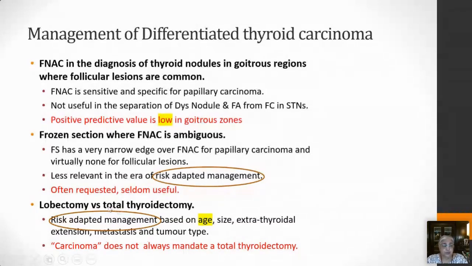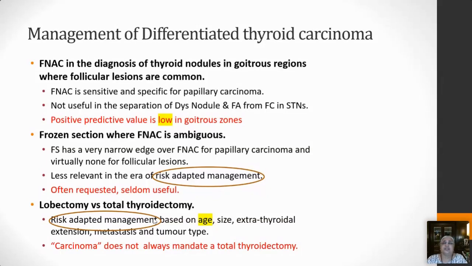And finally, this issue of lobectomy versus total thyroidectomy. This was really more for clinicians, but we should know as well the significance for management of what we report. Now, I keep circling this: risk-adapted management is what is being used to decide whether something should be less extensive surgery versus more extensive surgery.